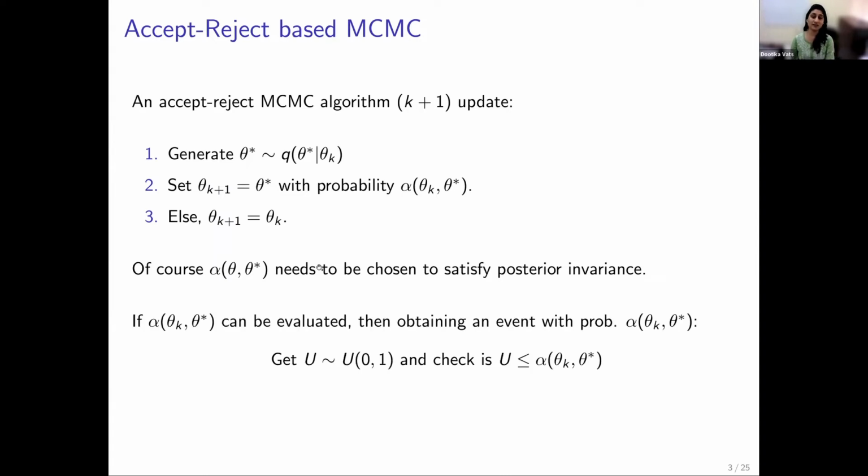If this alpha can be evaluated, so if we can actually calculate it and put in values of theta k and theta star, then step number 2 can be implemented. We can obtain an event of probability alpha by just drawing a uniform random variable u and checking whether u is less than or equal to alpha, alpha being this acceptance probability. So that's the standard method of implementing step 2. That is based on the fact that we are assuming we are able to evaluate alpha.